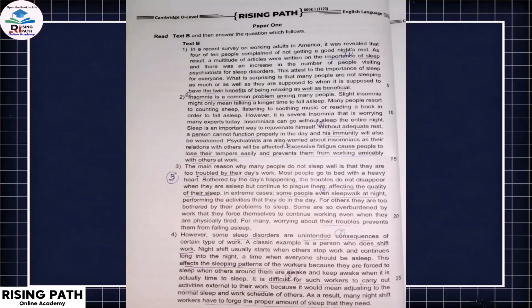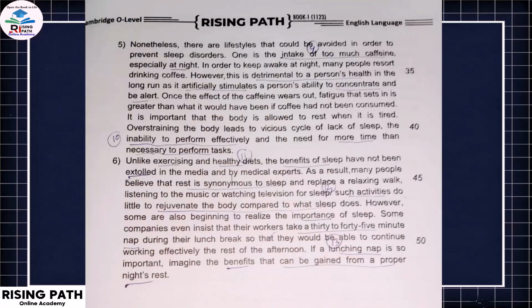As you can see in paragraph 1, I have underlined the points. Then we have paragraph 2, insomnia is a common problem, and then paragraph 3. It's up to you how you underline and number the points and how you compile them. And then paragraphs 4, 5 and 6.